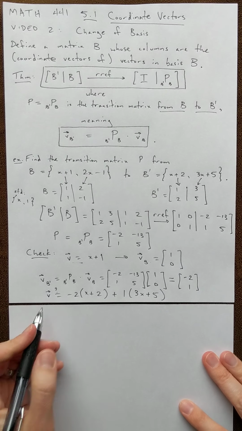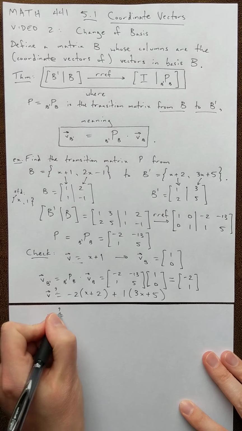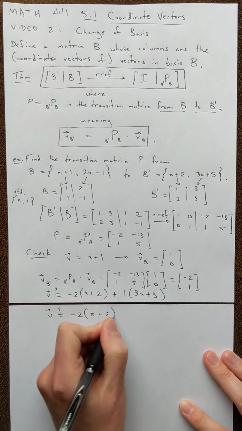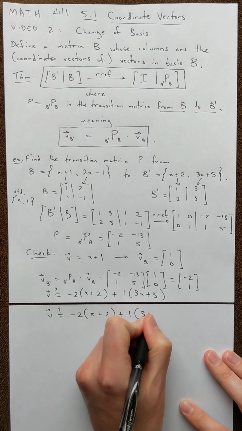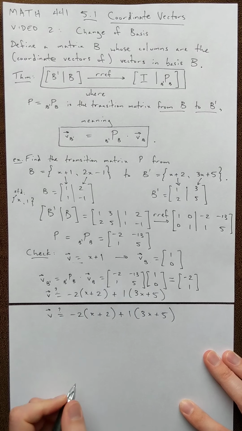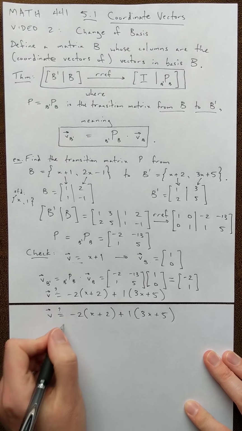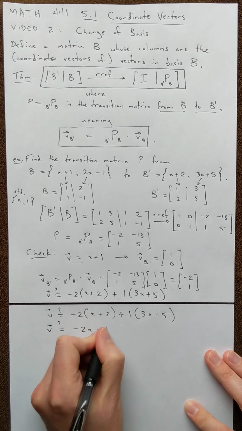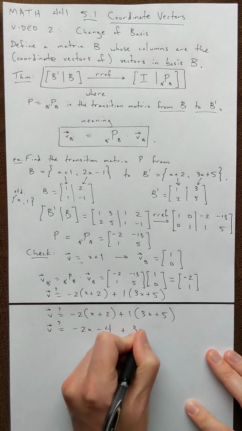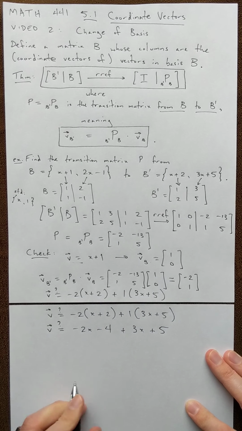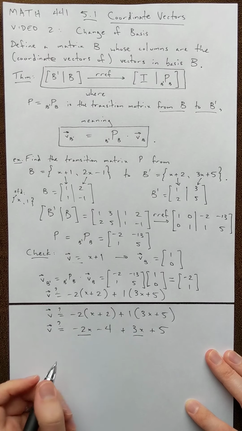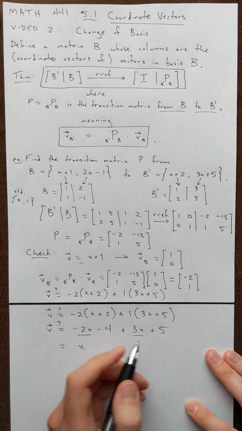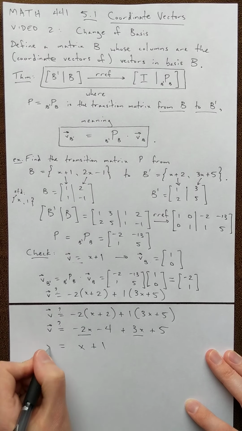Okay, so our last line was v equals question mark, negative 2 times (x plus 2) plus 1 times (3x plus 5). Okay, let's distribute and check it out. We have negative 2x minus 4 plus 3x plus 5. Combine like terms, 3x minus 2x is 1x, and negative 4 plus 5 would be 1.